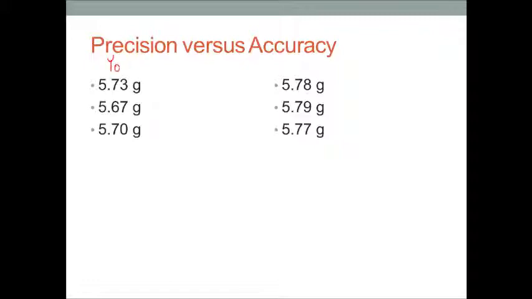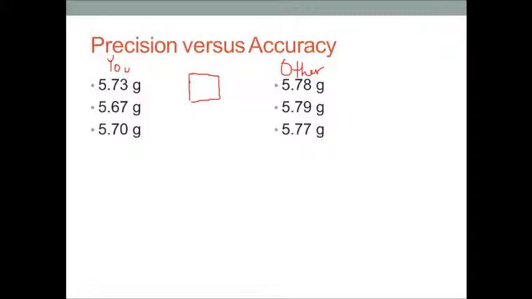So let's say that you took a block and measured it on 3 different balances. The data on the left here is your data. You have 5.73, 5.67, and 5.70. You get the data from another group. They have 5.78, 5.79, and 5.77.